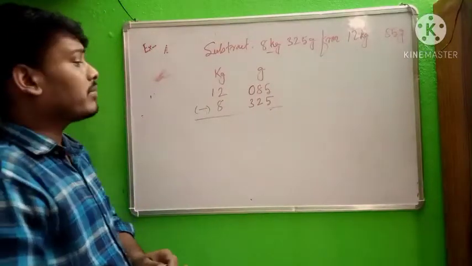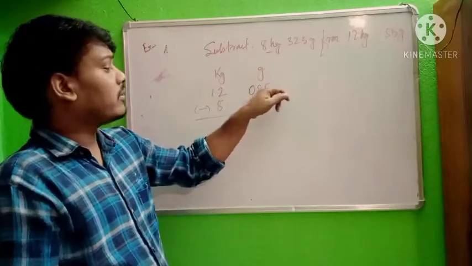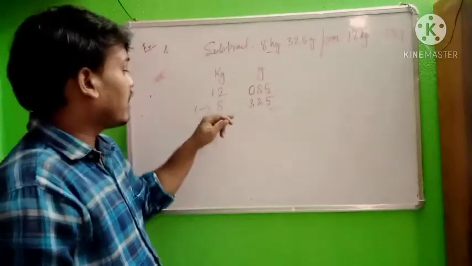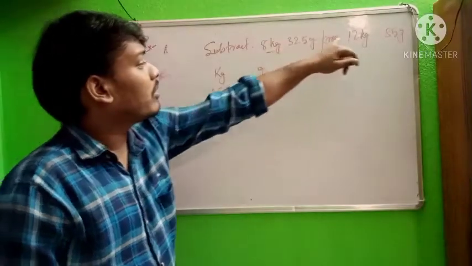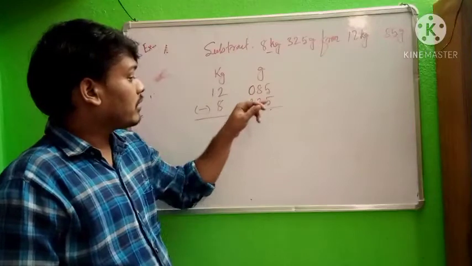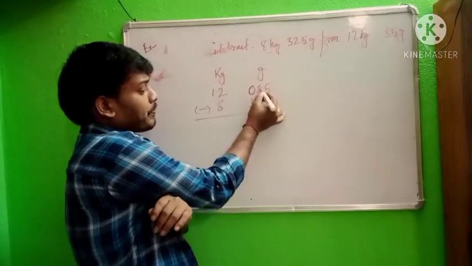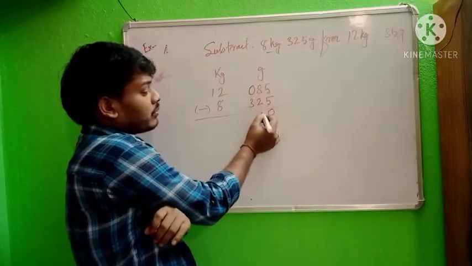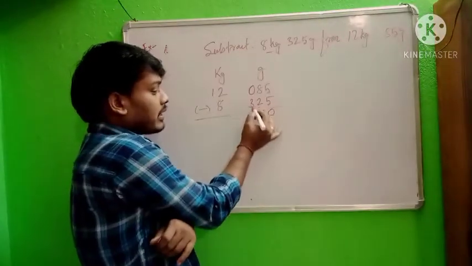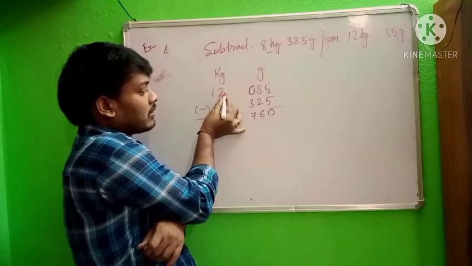So 12 kg 85 gram, and I told you we make it a 3-digit number, so 085 gram, and we subtract this value from this value. So first we write this value, and after that this value. If we subtract now, 5 minus 5 is 0, 8 minus 2 is 6. Now we think of 0 as 10, so 10 minus 3 is 7, and it becomes 1.